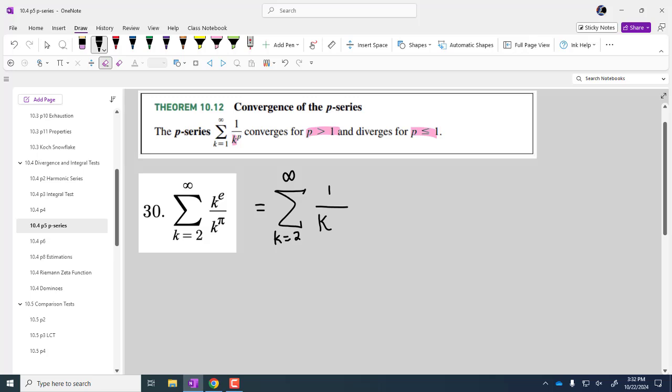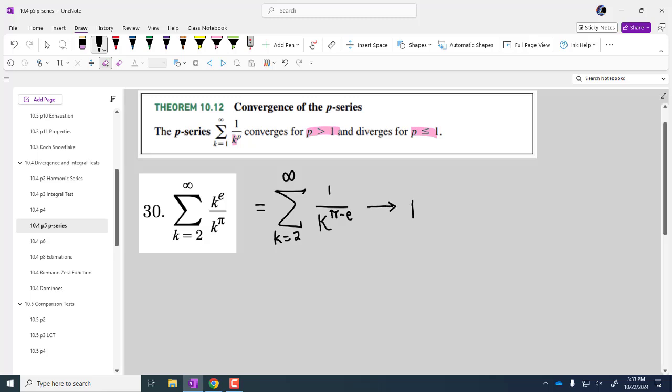What is the power on k? Pi minus e. Push the k to the e downstairs, it becomes k to the negative e in the denominator. So now this is a P series.